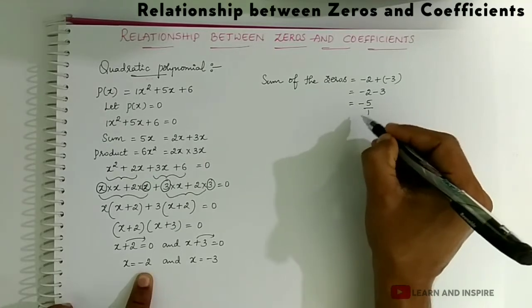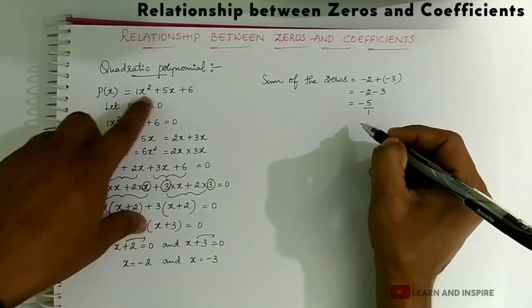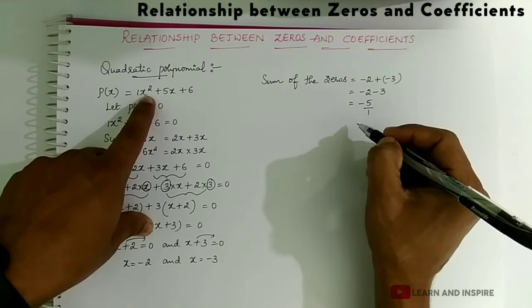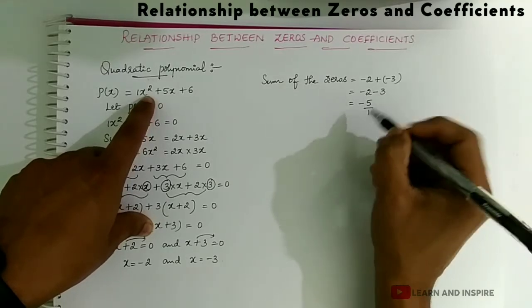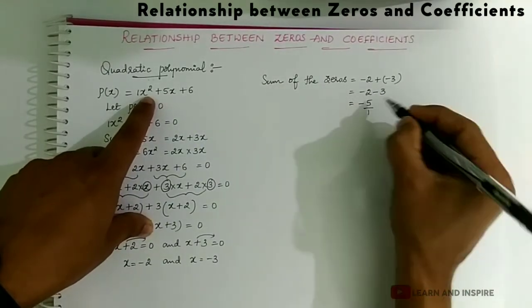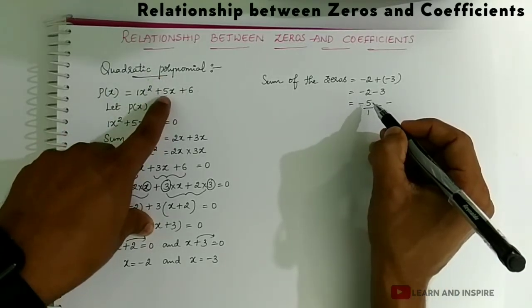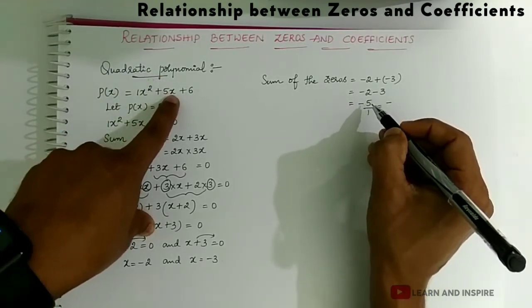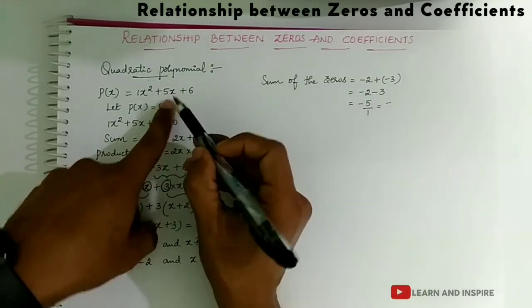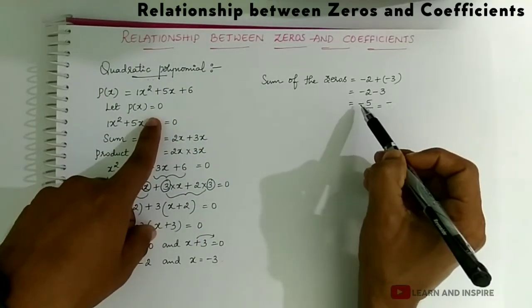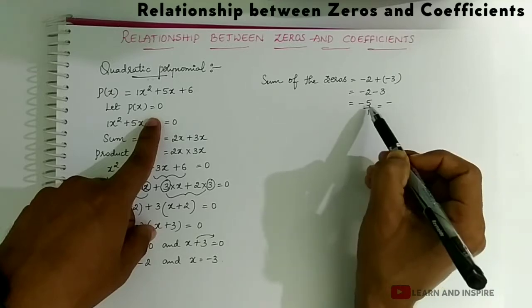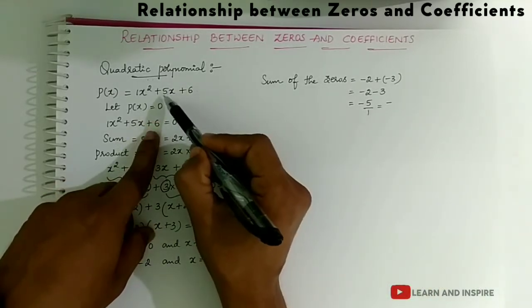Now I relate this minus 5 by 1 by taking the quadratic polynomial and its coefficients. So minus 5, I write minus as it is. What is 5 in the quadratic polynomial? 5 is nothing but the coefficient of x.